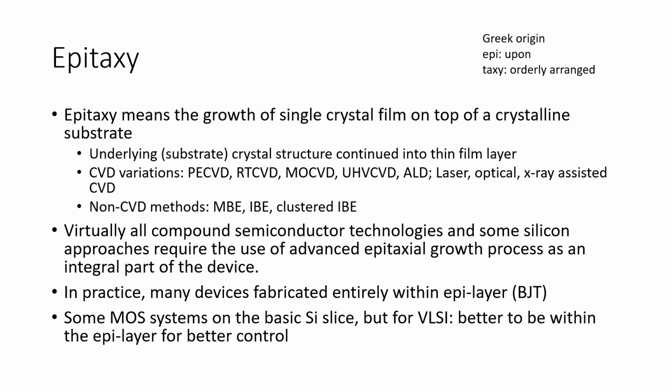So we use many different ways to grow an epitaxial layer. Many use CVD, chemical vapor deposition, like thermal CVD, which we discussed, and its variations like PECVD, rapid thermal CVD, metal organic CVD, ALD atomic layer deposition, ultra high vacuum CVD, and laser, optical, X-ray assisted CVD.